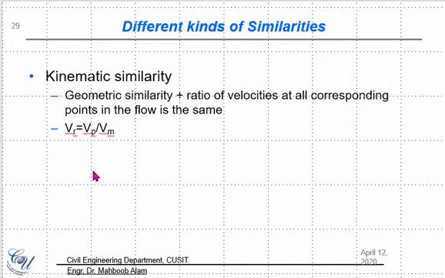As we said, for the geometric similarity, we have the length ratio equal to length of prototype divided by length of model. Similarly, if we are looking at the velocity ratio, which is a kinematic property, then the velocity ratio should be equal to the velocity in prototype divided by velocity in the model.